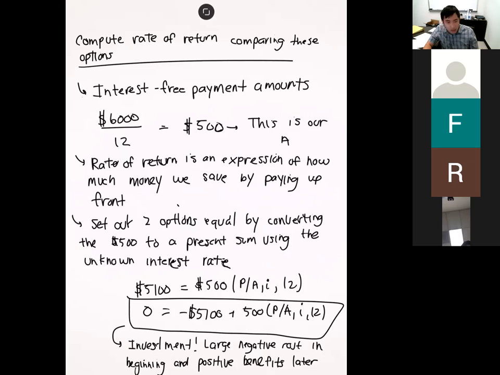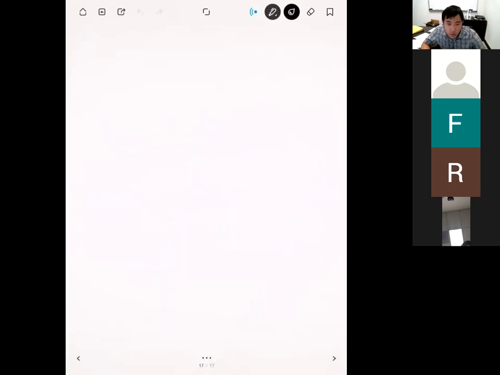All right. So let's go ahead and solve this for the interest rate. Since this is a fairly simple case, we don't have to do too much plugging in, and so I'm going to go ahead and solve this equation for the conversion factor.